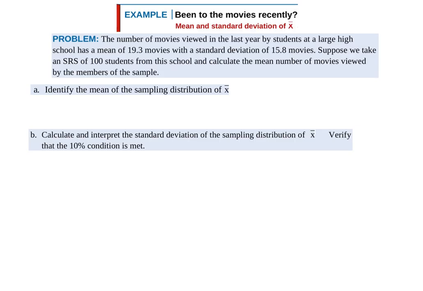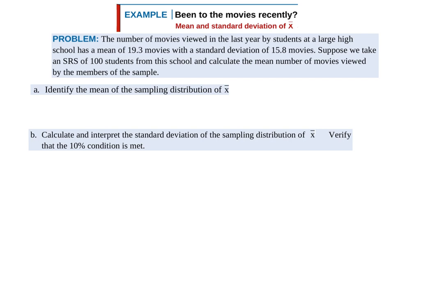All right, this shouldn't surprise you. Let's do an example. This one is called Been to the Movies Recently? The problem says the number of movies viewed in the last year by students at a large high school has a mean value of about 19.3 movies with a standard deviation of 15.8 movies. Suppose we take an SRS of 100 students from this school and calculate the mean number of movies viewed by the members of the sample.